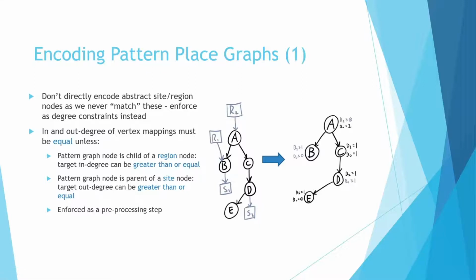We enforce this as a pre-processing step by comparing pattern target pairs and comparing their in degrees and out degrees, as well as whether the pattern is connected to a region or site, and we apply the appropriate constraint. You can see that in this representation here, where we remove the regions and sites completely, and the degree constraint enforced on each node is dependent on whether it was adjacent to an abstract node or not.